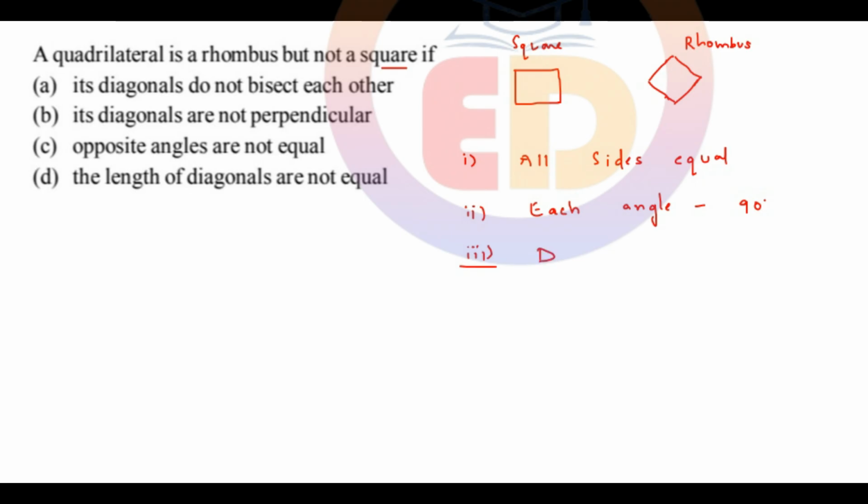The diagonals bisect at 90 degree. Opposite sides are parallel.